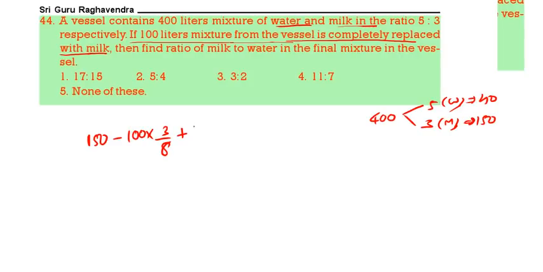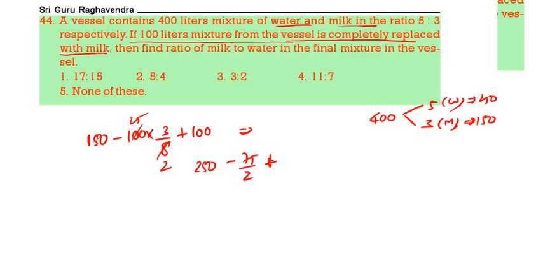Again, we are adding 100 liters of milk. So that will be equal to how much? See, 4 2s, 4 25s. So 150 minus 75 by 2 plus 100. 150 plus 100 is 250. 250 minus 75 by 2.